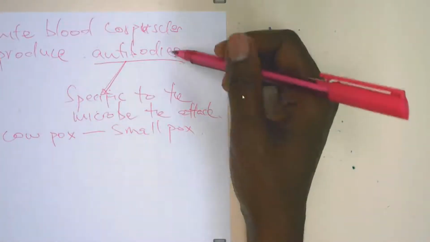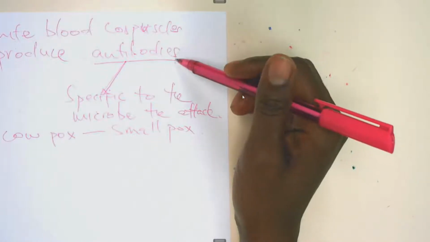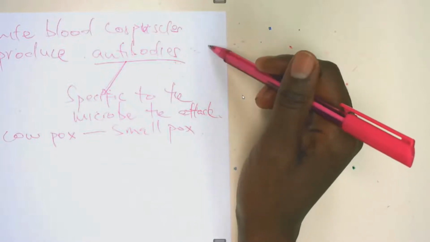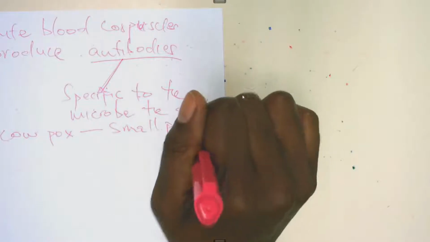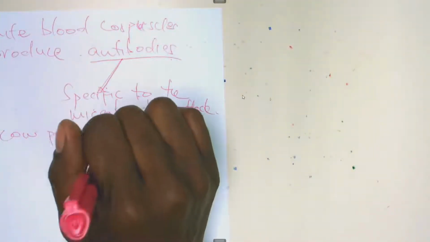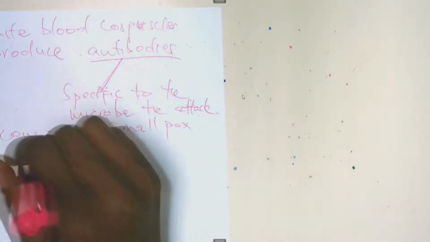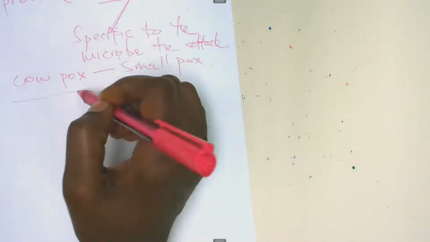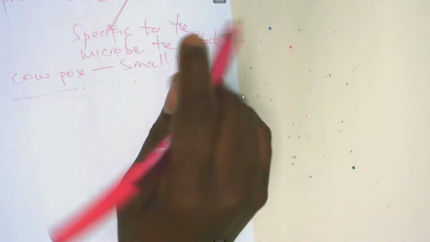So although antibodies produced once the microbes enter the human body are very specific to the microbe they attack, some of them can also fight closely related diseases such as cowpox and smallpox. So an antibody produced for cowpox will also be able to fight off smallpox.